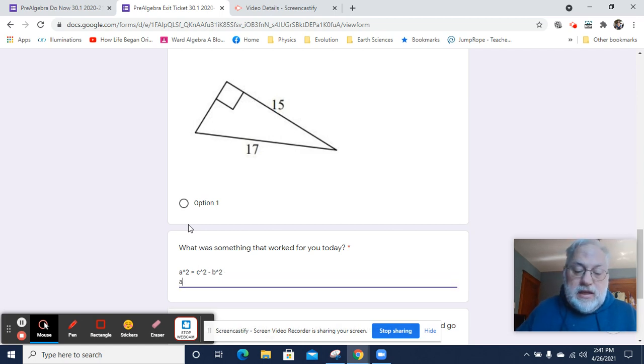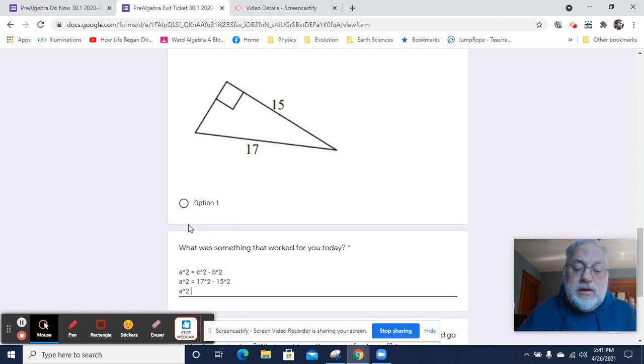And so that means that A squared equals 17 squared minus 15 squared. Okay, so A squared is going to equal 289 minus 225, I believe is correct for 17 squared.